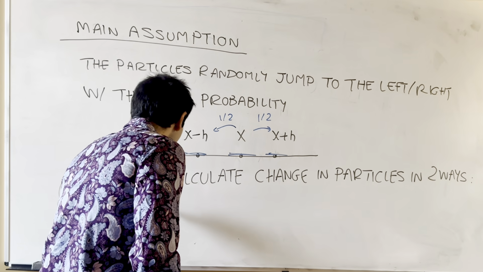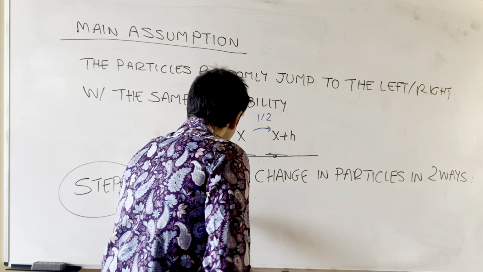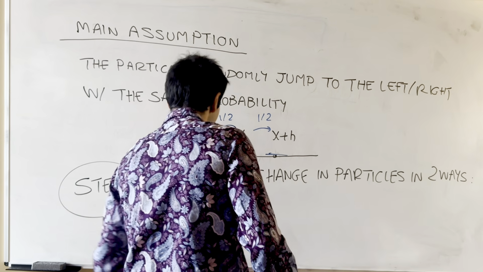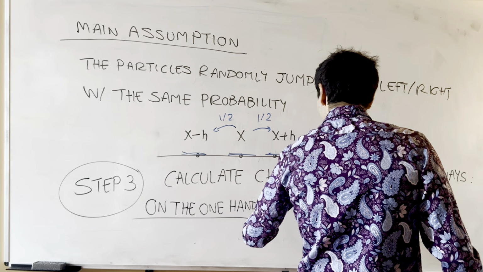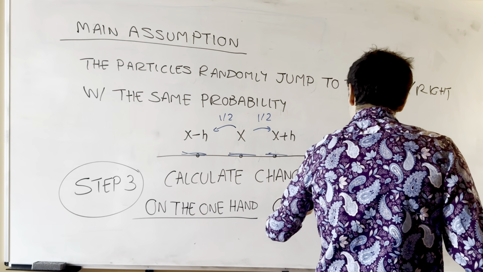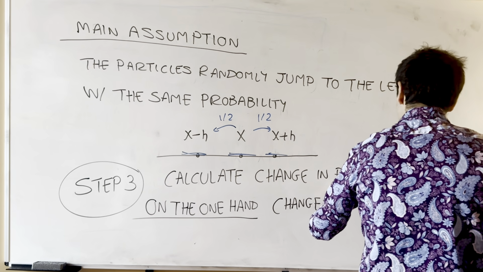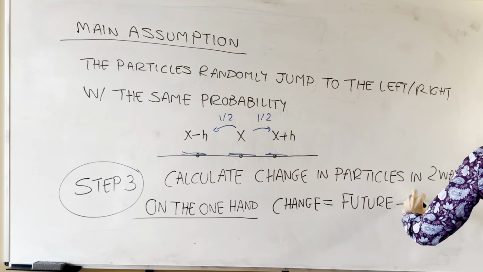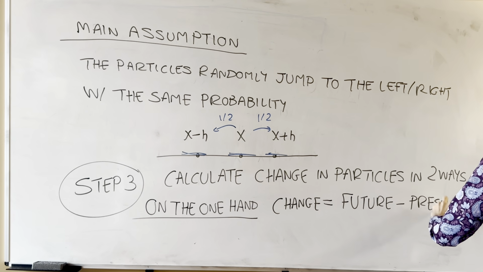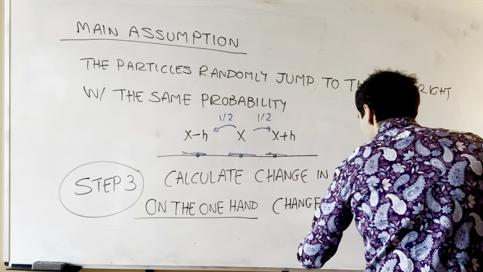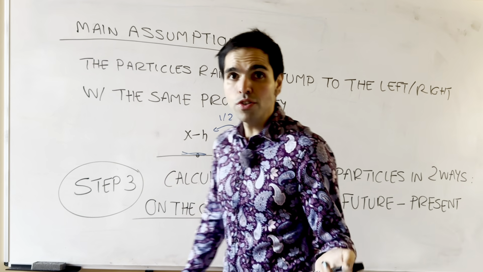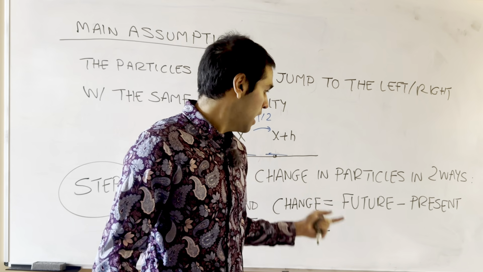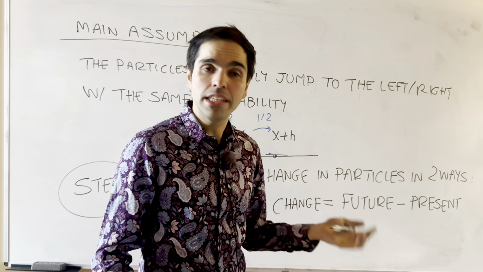So on the one hand, and that's what's called a temporal change. So change is just future minus present. Now, what does future mean? At time t plus tau, and present is at time t.